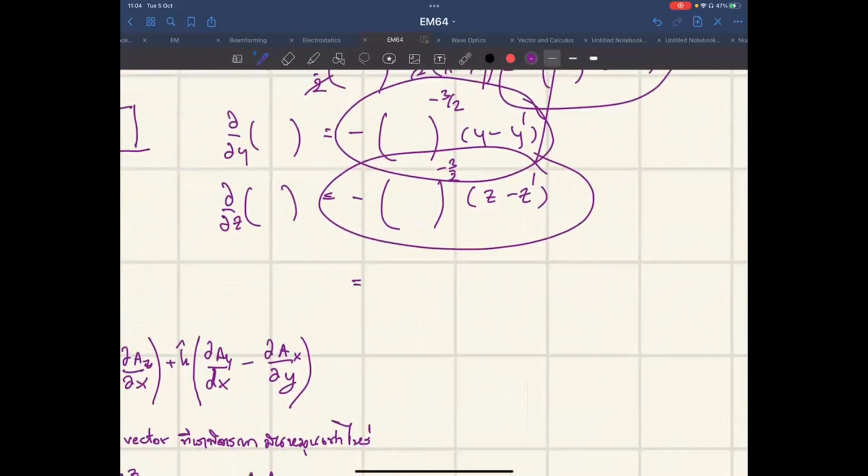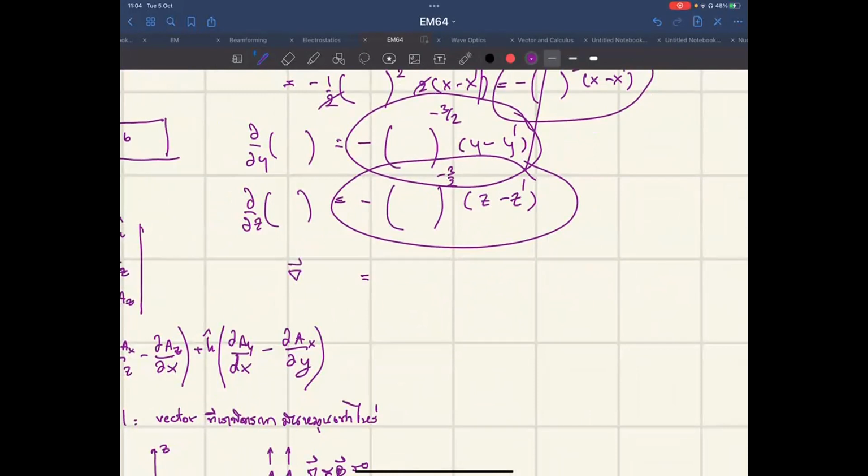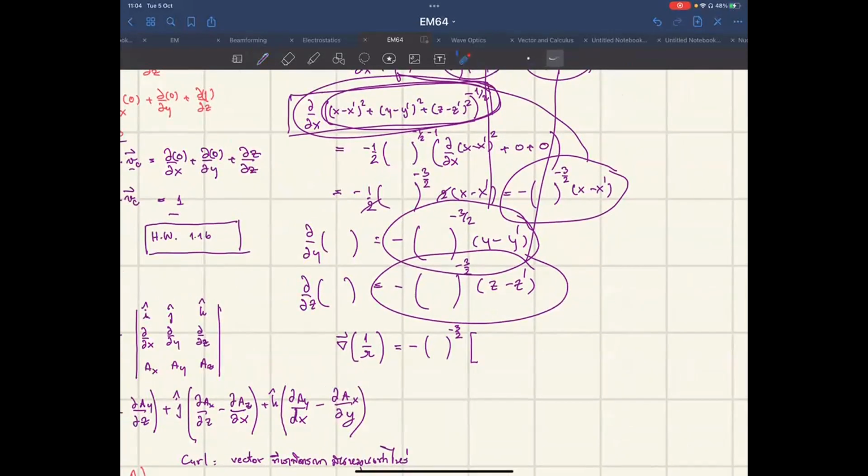Okay, we have this equal to minus. I'm not going to write down the whole thing. See, every term has the front term here, so I pull it out of the bracket.